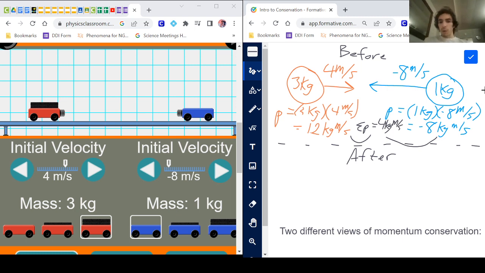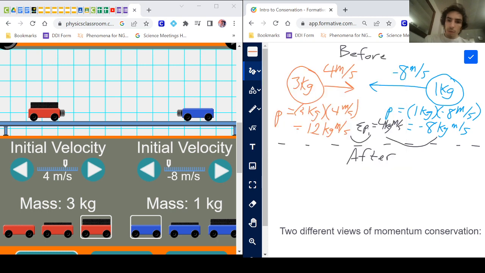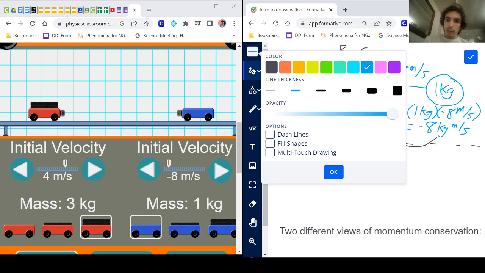So again, where this 4 came from is just adding up the red object's initial momentum plus the blue object's initial momentum. So 12 plus negative 8 gets us 4 kilogram meters per second. And in fact, I should put i's on all these things to remind myself that these are all the initial momentum, the momentum before these objects actually collide. So let me go ahead and add those i's.